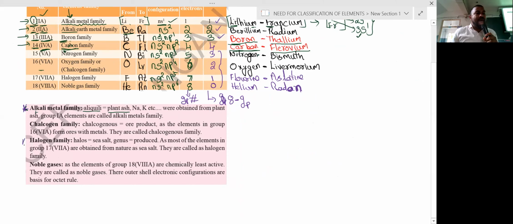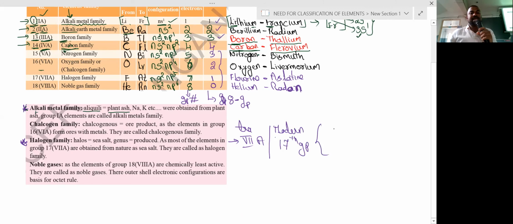Whereas if you go for the halogens, as I said earlier, we take them as the 7th group elements according to the traditional style, whereas according to the modern style accepted by IUPAC, it is the 17th group. Here the main elements are fluorine, chlorine, and bromine, which we call halogens.